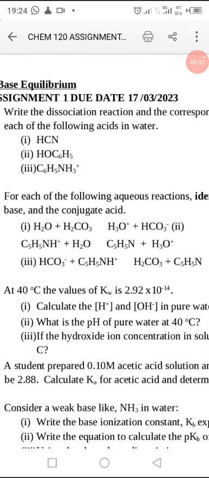So what will happen here, you see, we've got 4 substances or compounds. I've got C5H5NH plus, also I've got H2O, which is water, and also I've got C5H5N, and also I've got hydronium here.